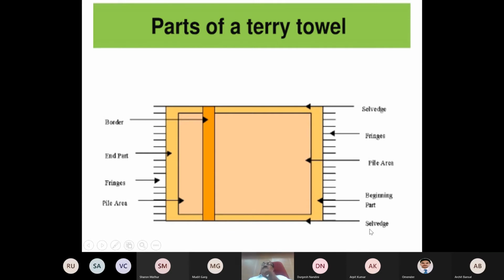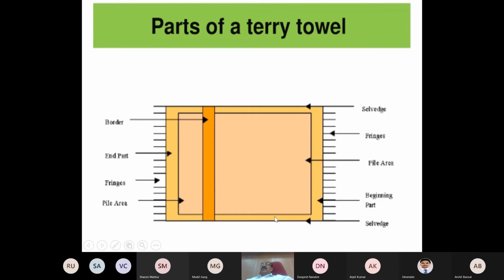Now, when a towel is formed, it comes in this shape, and these are different parts of a towel. Selvage: if the towel is formed on a shuttle loom or tuck-in selvage on a projectile loom, you can have a bound selvage.